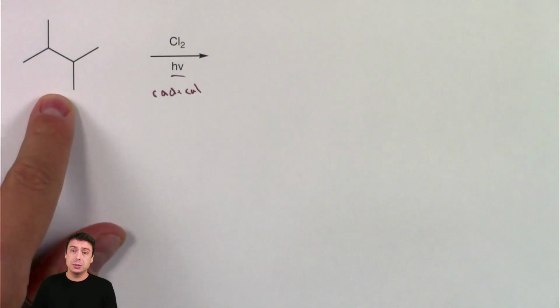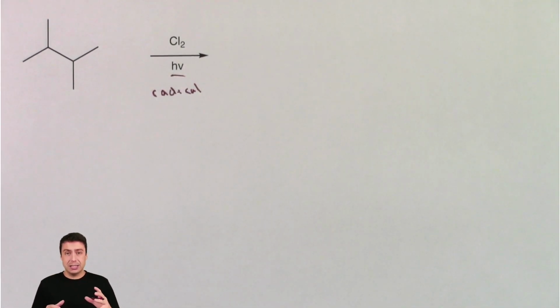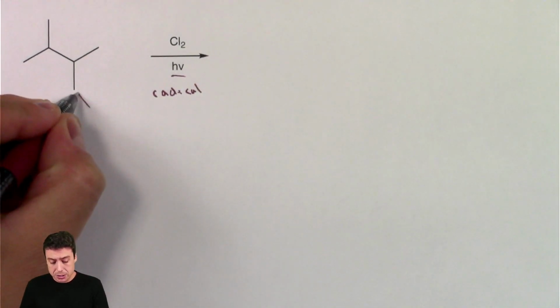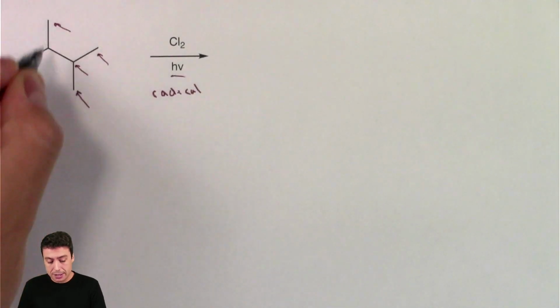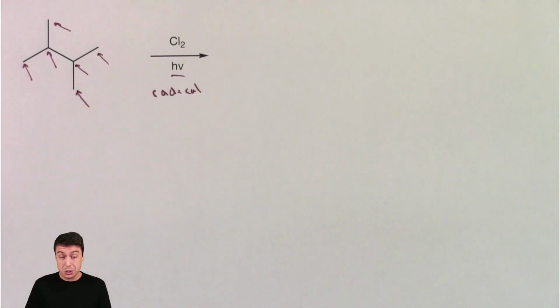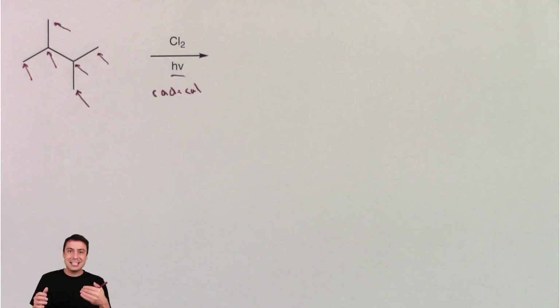Okay, with Cl2 and light, chlorine is not nearly as picky as bromine, remember? So anywhere that there are hydrogens, so here, literally every carbon, as long as there is at least one hydrogen on that carbon, we can replace the H with a chlorine, and that'll give us a product.